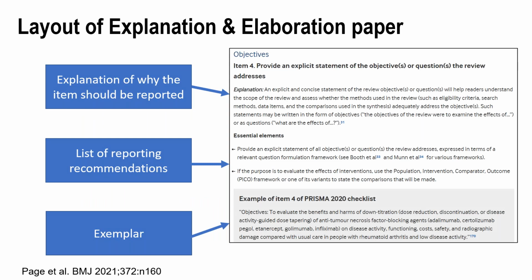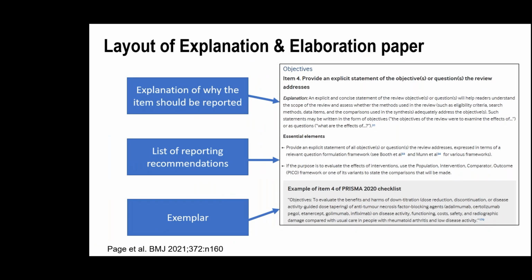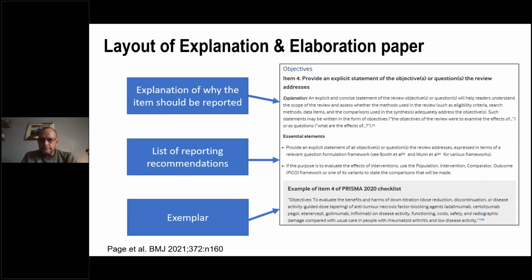In addition, we have this accompanying explanation and elaboration paper, which provides a lot more detail as to how to adhere to each of the items in PRISMA 2020. We've written the paper in a standardized way, in that for each of the 27 items in PRISMA 2020, we start off with an explanation as to why the item should be reported.